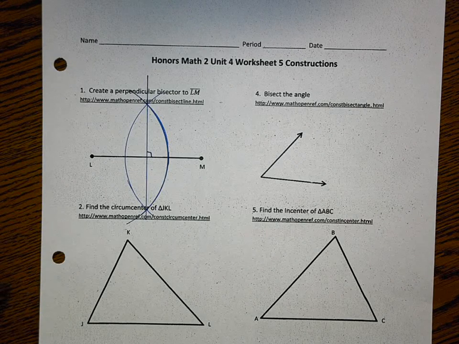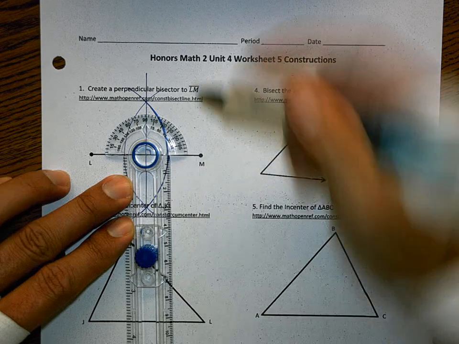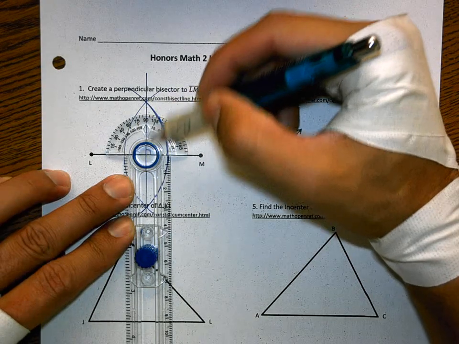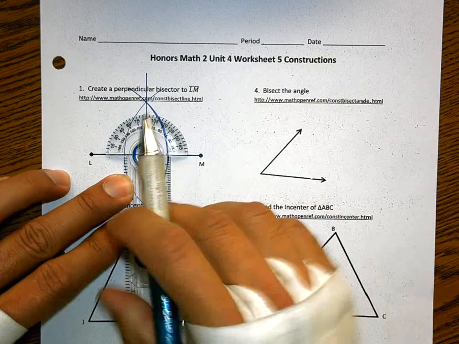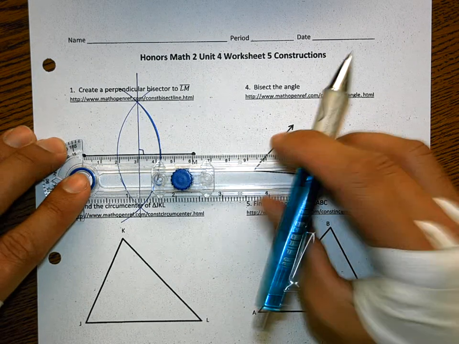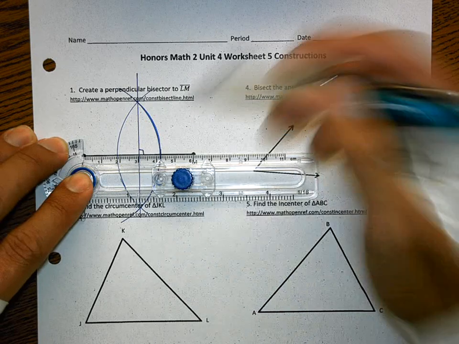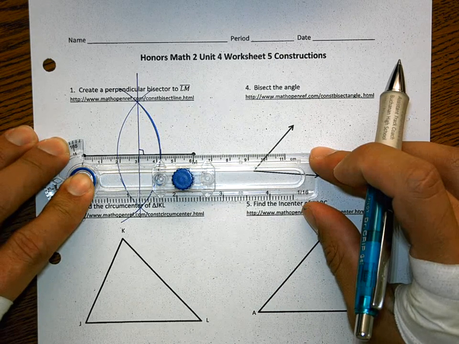If you don't believe me, you could check, is that a perfect 90-degree angle? Or you could even measure from here to here, and I think this is 6 centimeters long. Is that going through the midpoint? And it should be.